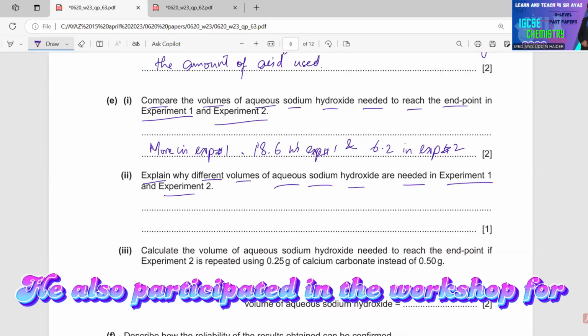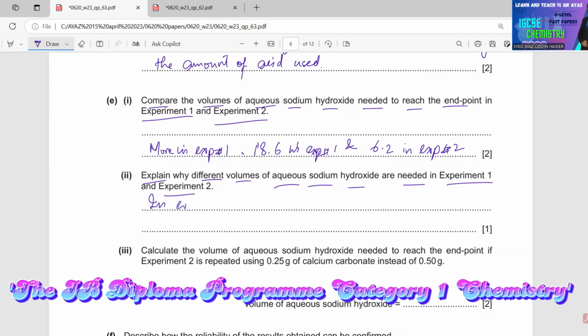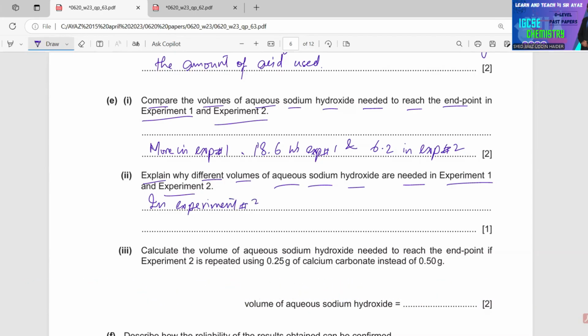So you write, in experiment 2, calcium carbonate reacts with or neutralizes some of the acid.